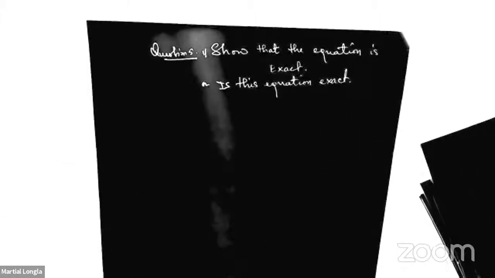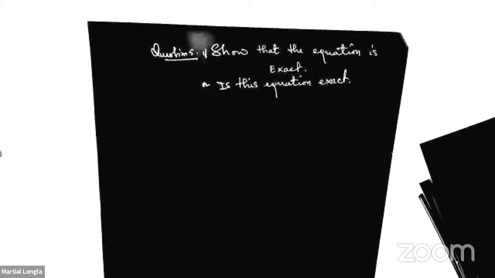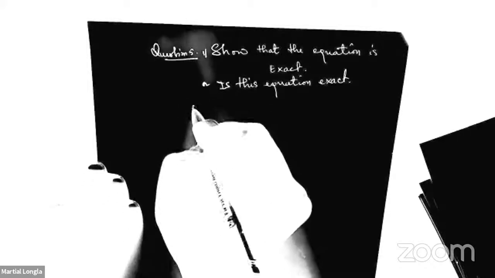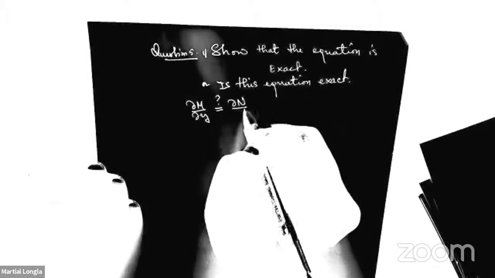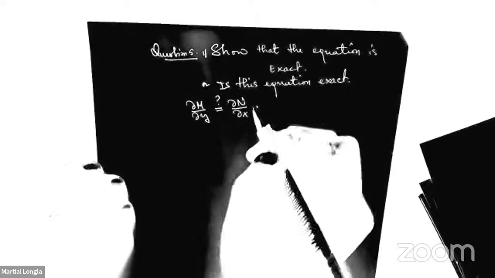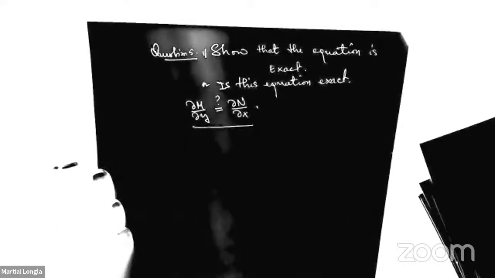And it's not asking to solve. Is it exact? You do what we do when we want to show that the equation is exact. Saying dM over dy, is that equal to dN over dx? That's what you need to do when you have that question.